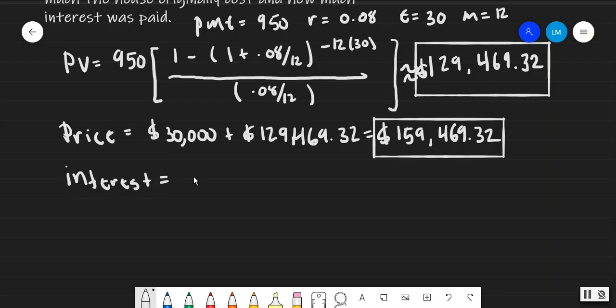So I know that they paid a $950 mortgage fee per month multiplied by the 360 payments that they made, minus the amount that they financed. So in that case, that was 129,469 and 32 cents.